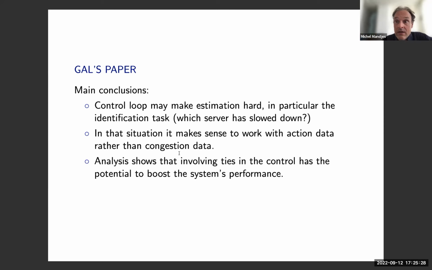The other, more detailed conclusion is that in that situation it makes sense to work with action data rather than congestion data. So don't look at the queues, but look at action data, and that somehow makes sense. To me, the most surprising thing was that if you include the tie-breaking rule in control, then you can potentially boost the system's performance quite a bit. That is a more technical conclusion, but a very worthwhile one.